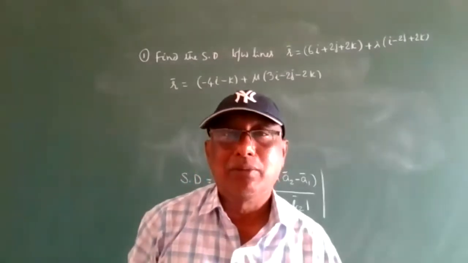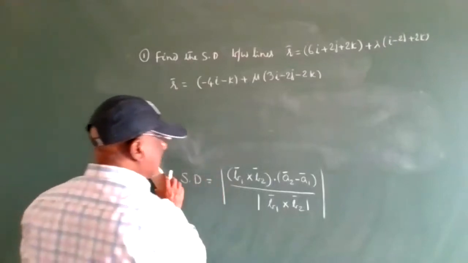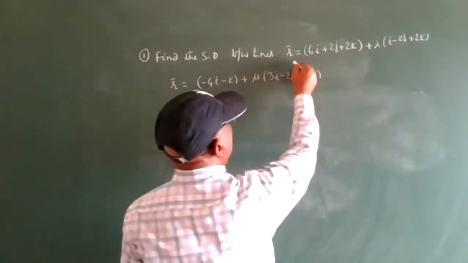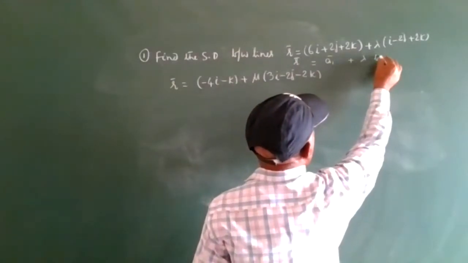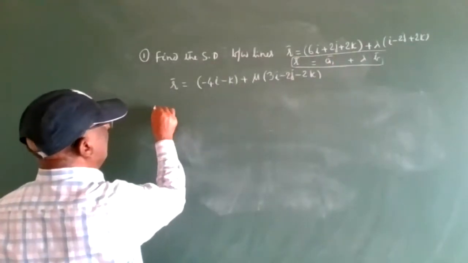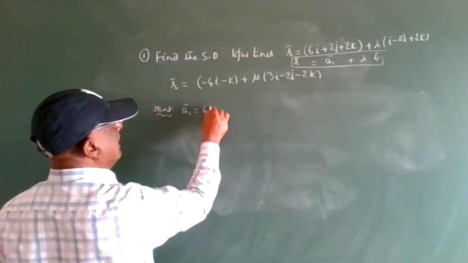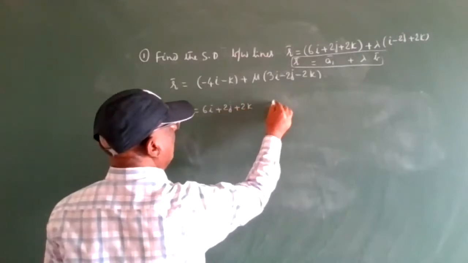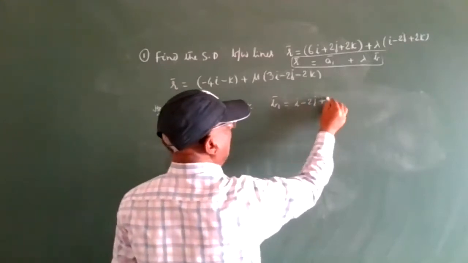So I am going to use the vector line equations. Compare the first equation, R bar equals A1 bar plus lambda into B1 bar. Write down A1 bar equals 6i plus 2j plus 2k, and B1 bar equals i minus 2j plus 2k.